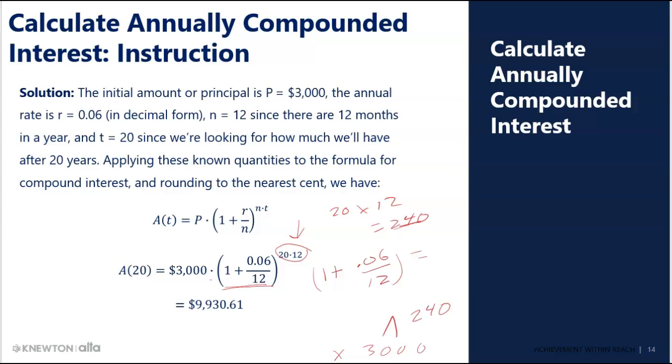Order of operations: if you did 3,000 times 1 plus 0.06 over 12, and then your calculator did something like this, times 12, what your calculator would do, because it only knows correct order of operations, is it looks for parentheses first. It would do that.